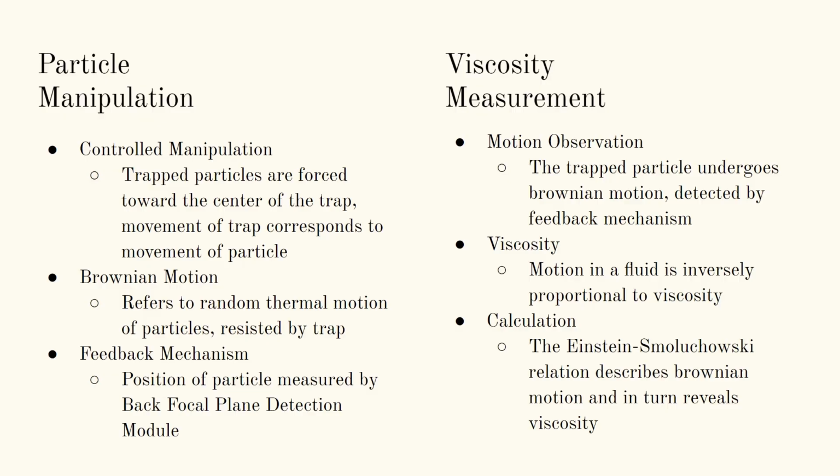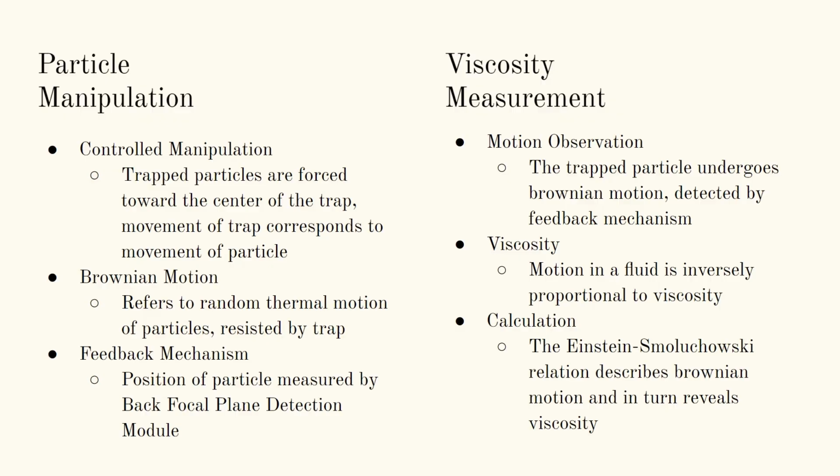That Brownian motion is then going to be detected by the backfocal plane detection module in our optical tweezers. And because the target is naturally going to undergo this random motion, this motion is going to be resisted by the viscosity of whatever liquid medium it's in.